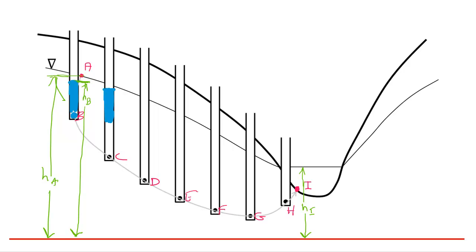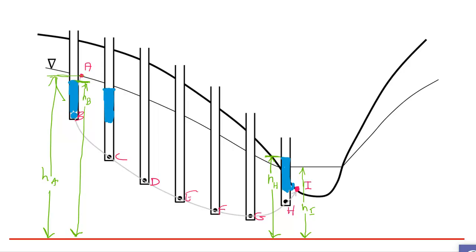If the water is going to flow from the point at H to the point at I, the head at H has to be greater than the head at I. So it has to be something above the head at I. So fill it in like this. The head at H will have to be equal to this distance here, and we can see that the head at H is greater than the head at I.